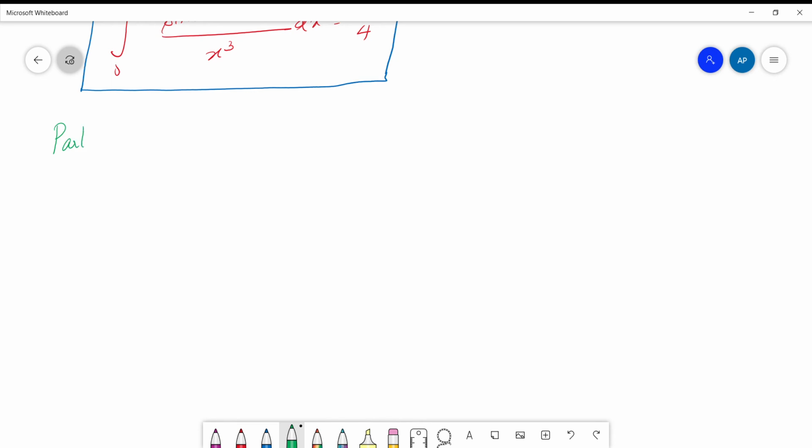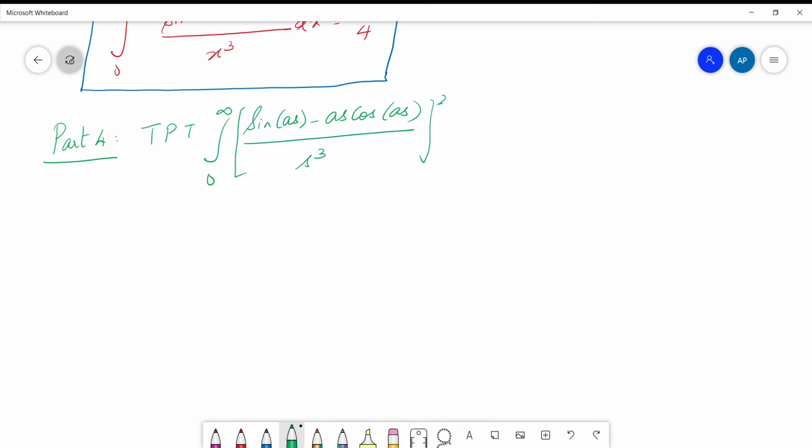Now in part 4 let us look at what we want to prove. So to prove that integral 0 to infinity sine of as minus as cos of as divided by s cube the whole square. I'm sure by now you are telling me what we are supposed to do is equal to pi a power 5 by 15.